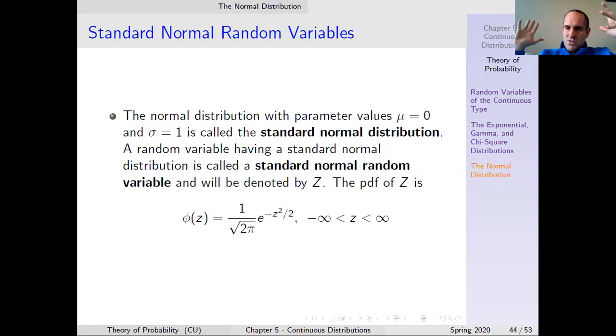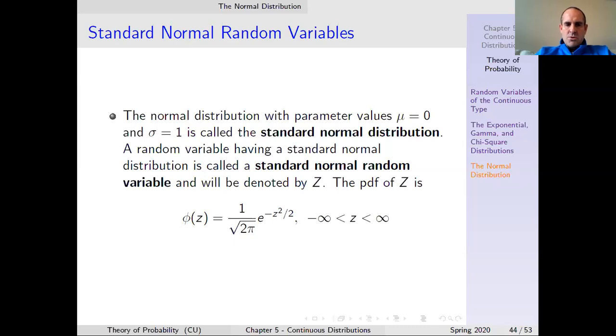What you want to do is remove the unit dependence and get it in the standard normal form. We'll talk later about how to convert any normal random variable to standard normal. That is something you can actually accomplish, so you don't have to deal with infinitely many possible normal distributions.